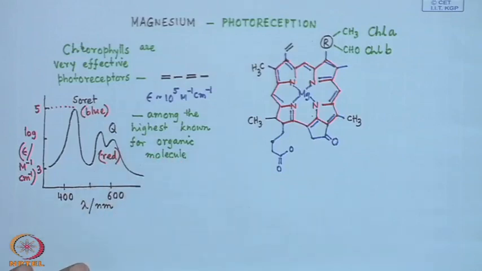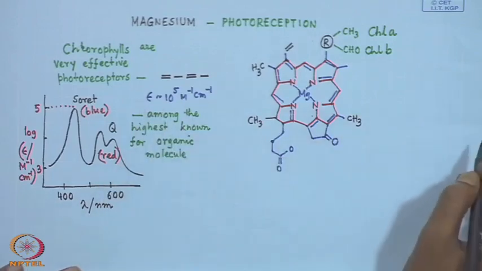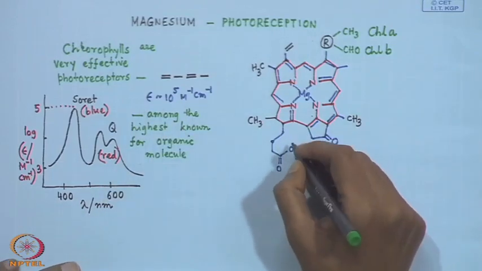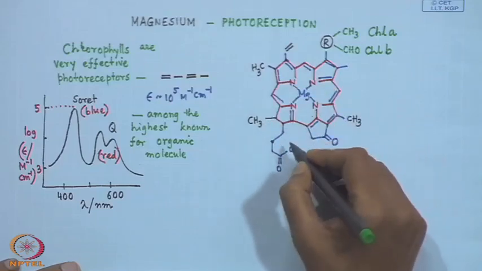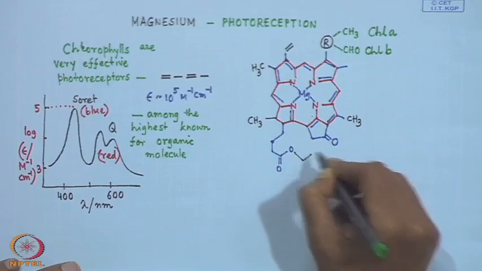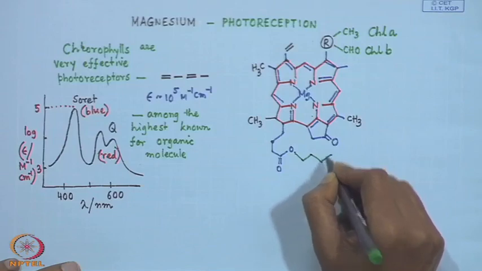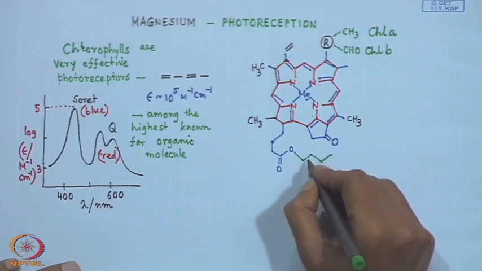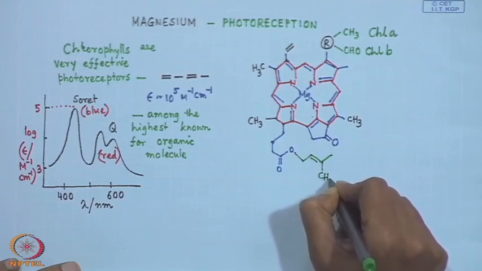So, this typical feature for this absorption and the huge amount of this epsilon value immediately identified for people that not only this extended conjugation is there, but we have a tail also. This particular tail we can have, which is the phytyl group.